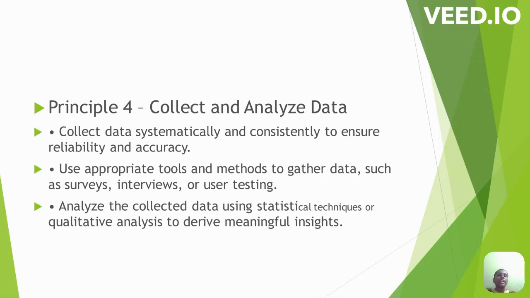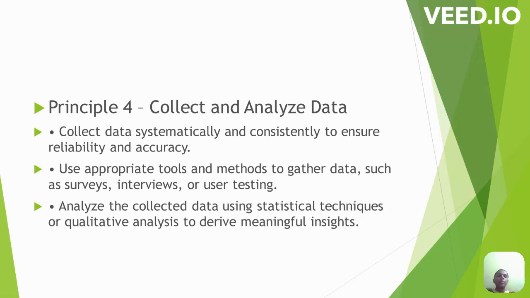To collect the data, we can use appropriate tools and methods such as surveys, interviews, or user testing. Analyze the collected data using statistical techniques or qualitative analysis to derive meaningful insights.